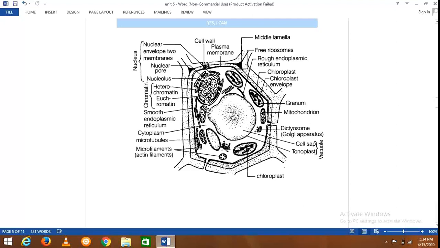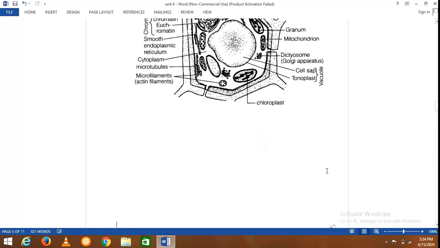So actually the mitochondria has more or less a rod shape, and here it has an oval shape. The chloroplast has an oval shape. And the internal structure of the chloroplast is shown here. So these are the main parts, and in addition to that, this organelle is known as the Golgi apparatus. So these are the parts of the typical plant cell.